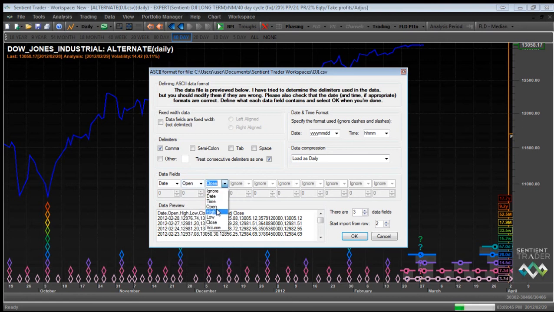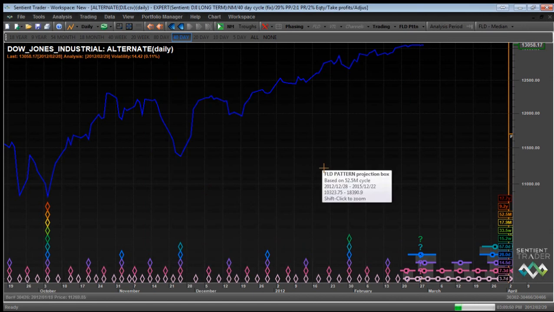The reason for that, Chris, would be the format that you are using to read your ASCII data. And in fact, I'm using the incorrect format here. If you go to Tools, Redefine Default ASCII Format, you will see that the format that I'm actually using here was an old format that I didn't change, and it's importing date, then it's ignoring the open, and it's reading the low as a close price.